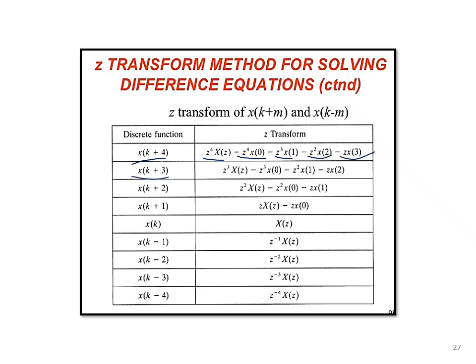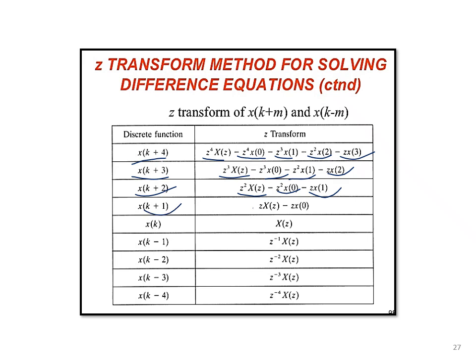For x of k plus 3, z cubed x of z minus z cubed x of 0 minus z squared x of 1 minus z x of 2. For x of k plus 2, z squared x of z minus z squared x of 0 minus z x of 1.